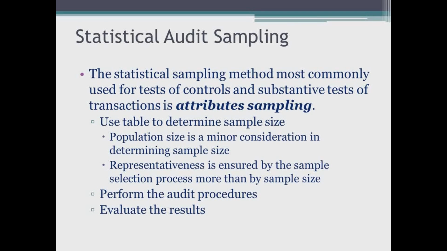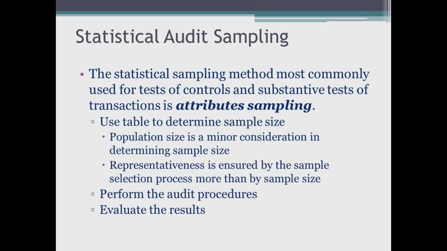So it's really going to be driven by what statistical sampling packages your firm uses. But attribute sampling is one that you do see a lot. It uses the table to determine the sample size, and that's what you did. The population size is a minor consideration in determining the sample size. We saw that when we went through problem 14-28.